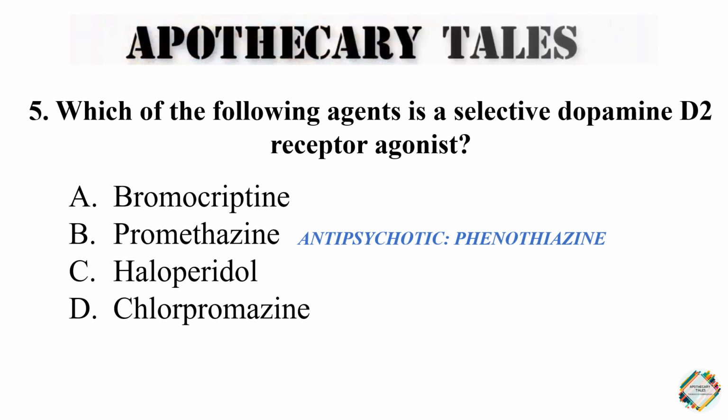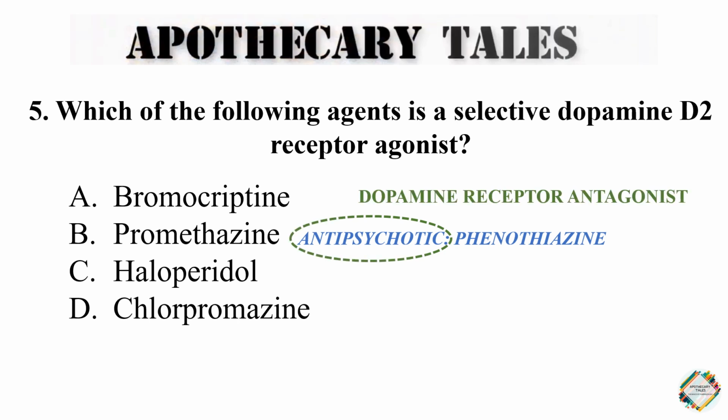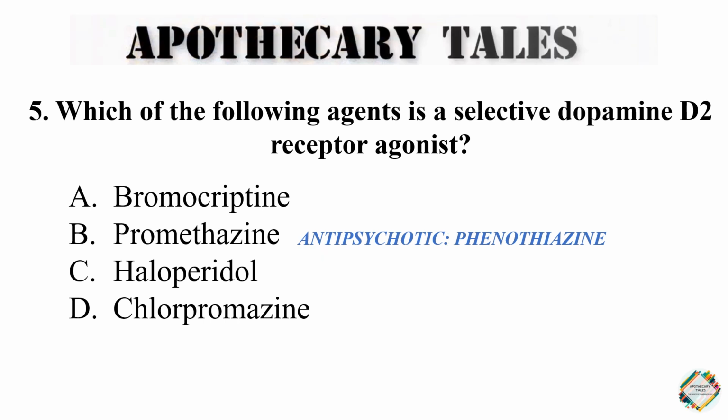Promethazine being an antipsychotic, we have to understand that antipsychotics mainly act as dopamine antagonists because psychosis usually happens due to the excess levels of dopamine. Therefore, we give antipsychotics which will block the action of dopamine at the respective receptors. So therefore, promethazine is not the answer.